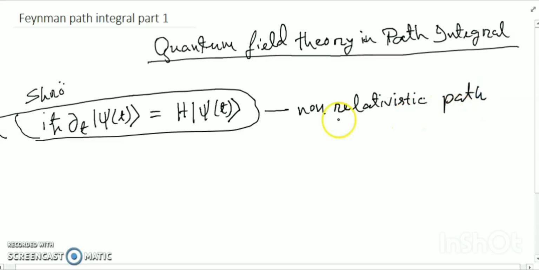Okay, the problem, the goal is to find the time evolution, which means that given the state vector at some initial time. Okay, some initial time is given.